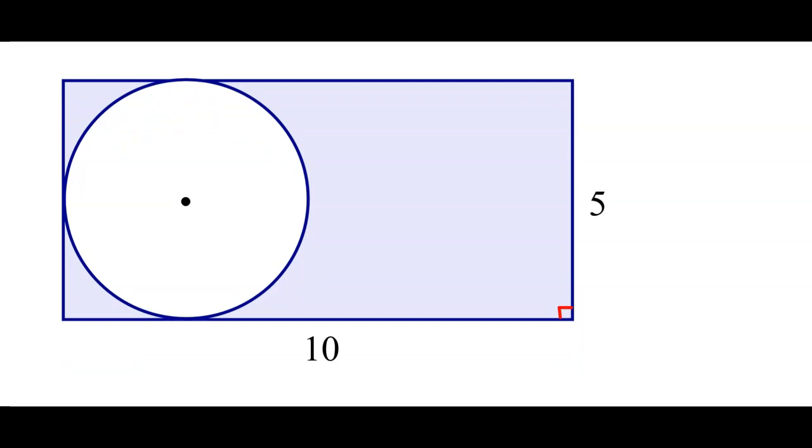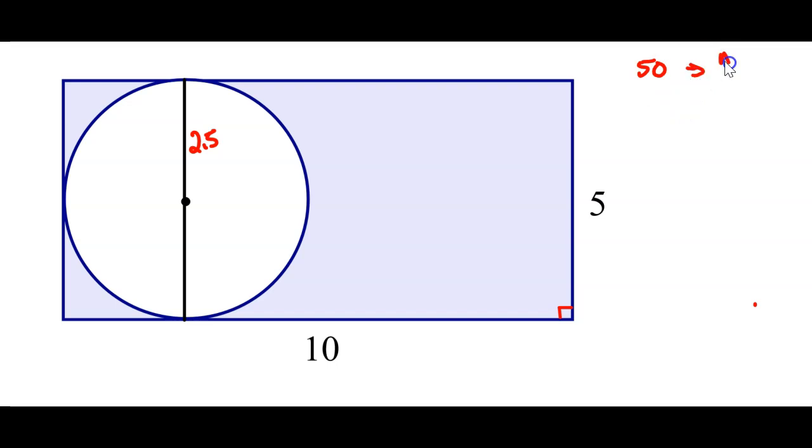All right, I take it you paused it and gave that one a good try. Notice that if I draw the diameter of this circle, I can figure out the radius of it because the height of the rectangle is 5, so the diameter of the circle is 5, which means the radius must be 2.5. The area of the rectangle is going to be 5 times 10, or 50 units squared.